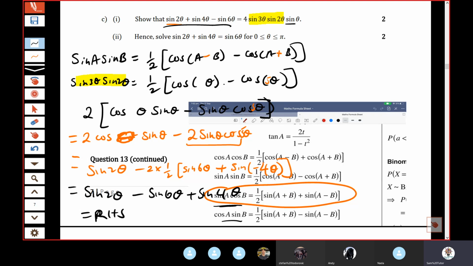Hence solve. Let me just make sure it's good, if it's relevant for you. Hold on. Hence solve. Is it going to become D12? Let me just make sure. I don't see it being D12.